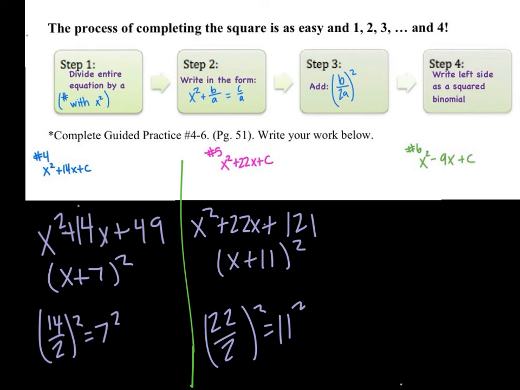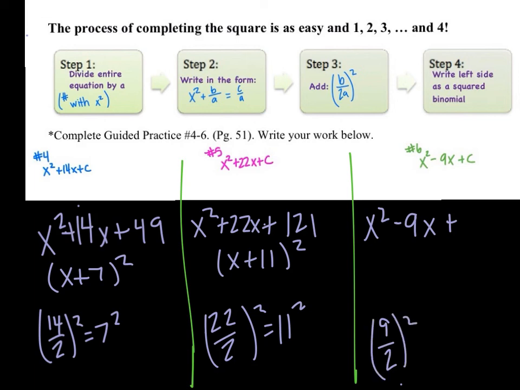If we look at number 6, it says x squared minus 9x plus what? So if we take 9 divided by 2 and square. You could get 9 divided by 2, realize it's 4.5, and do 4.5 times 4.5. But it's a lot easier to remember those exponent rules: if it's 9 halves squared, then it's really just 9 squared over 2 squared, which is 81 over 4.